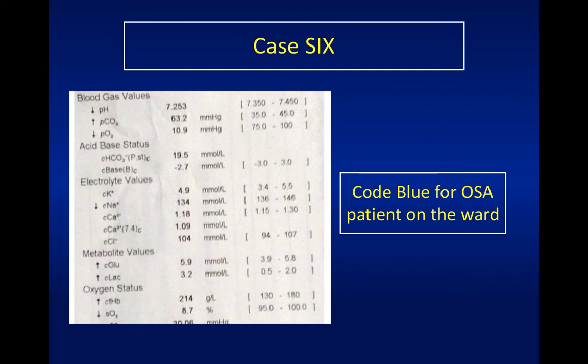So bicarbonate is low, so that's possibly a metabolic acidosis. Is that right? Yes. Which could be acute or chronic, and the base excess is minus 2.7, which is within the normal range.